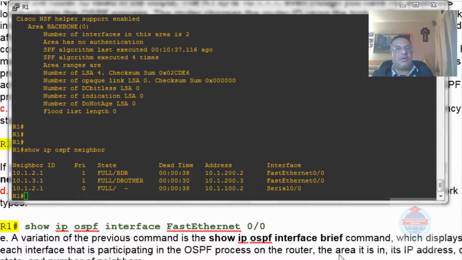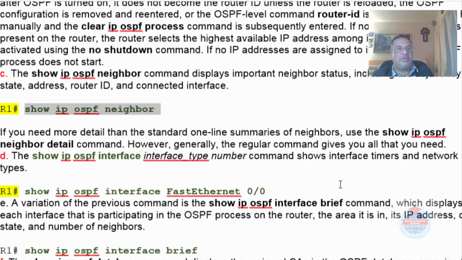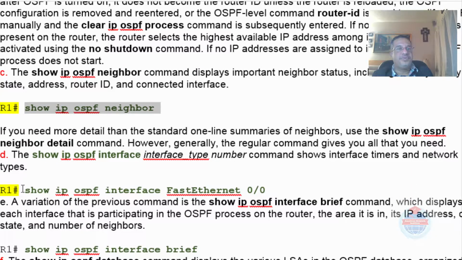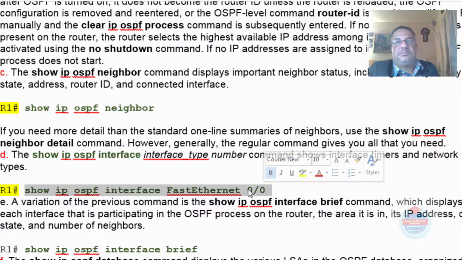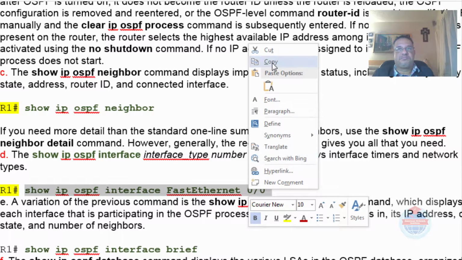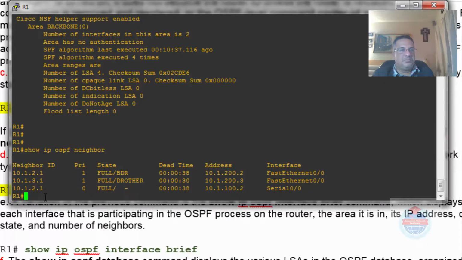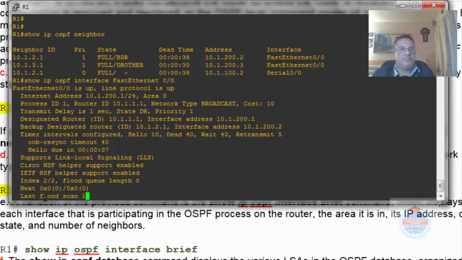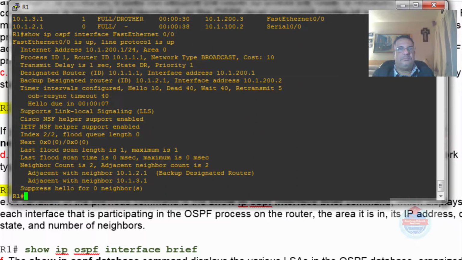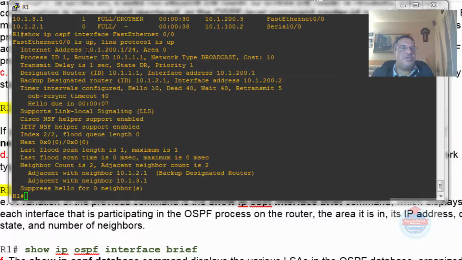Now, as you see over here, a variation of this command is this one. For example, over here you're going to have similar information. For example, the FastEthernet is up, the line protocol is up as well. Remember that they were asking that previously.